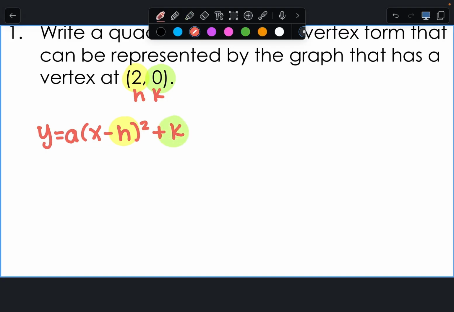And we're going to plug our numbers in to H and K. Notice they don't give us a value for A, so you don't have to worry about plugging that in. I'm going to bring down my x minus, and I'm going to replace the H with what number? 2. I replace K with 0.